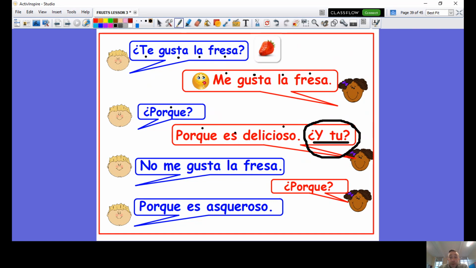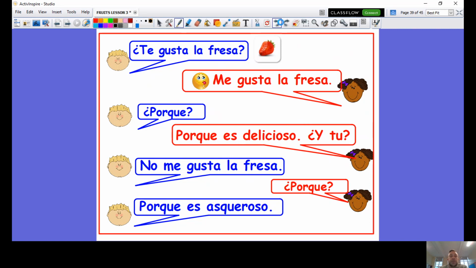So she's asking the boy, and you, do you like strawberries? Let's see what he says. Well, he says, no me gusta la fresa. I don't like strawberries. So the girl says, ¿por qué? Why? And he gives his reason. Porque es asqueroso. Wow. Let me read that whole conversation again, and then we're going to practice together.